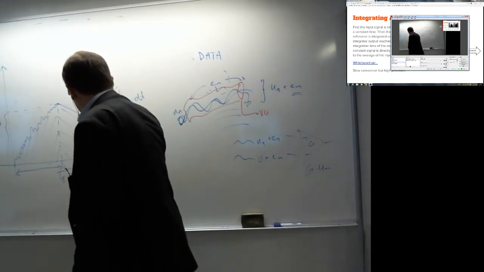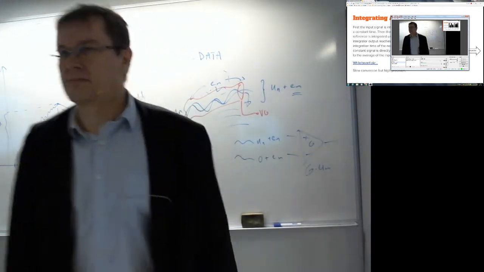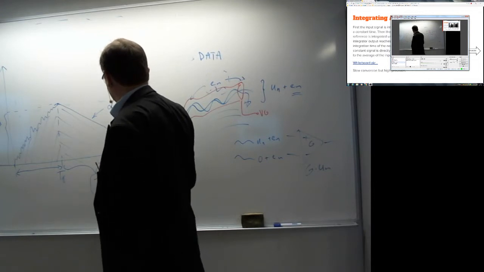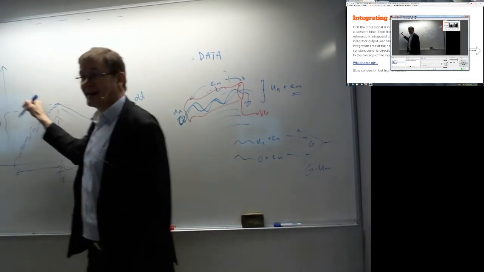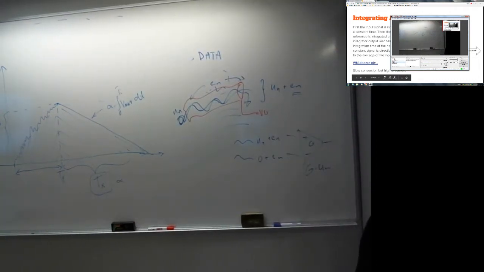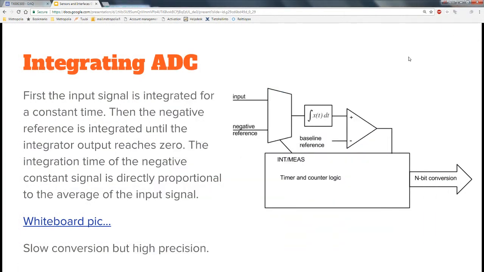Basically that integrating time is then directly proportional to the value where it started. This is quite a genius way of calculating the average of the signal, the integrated average of the signal.